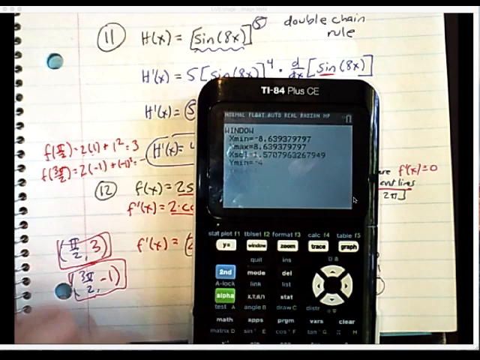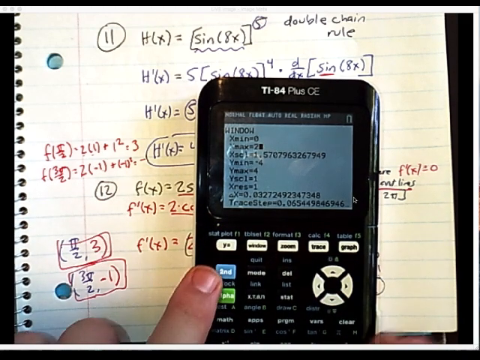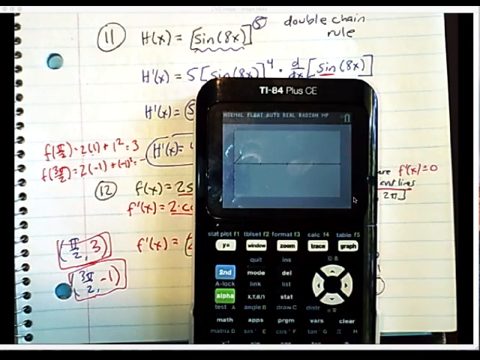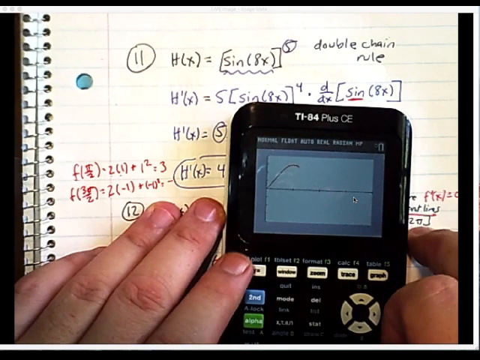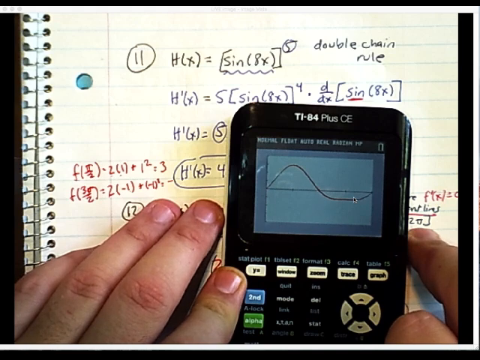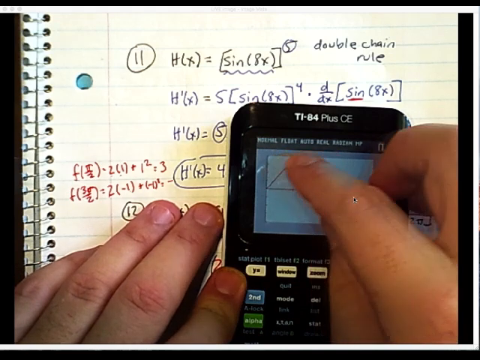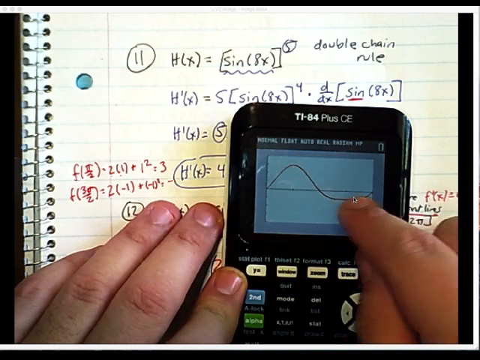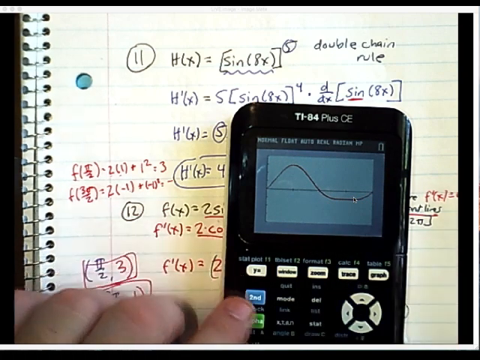Now let me switch my window from 0 to 2 pi, because that's the only one we want to concern ourselves with. To me it looks like there's a horizontal tangent line right here, and at the bottom of this curve it looks like there's a horizontal tangent line.